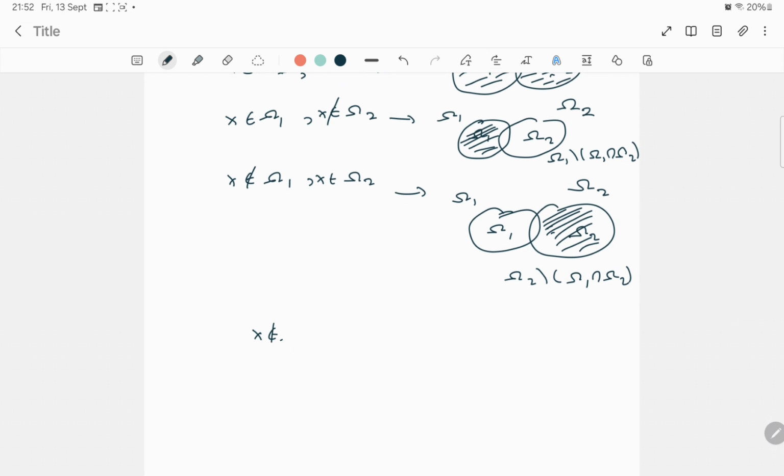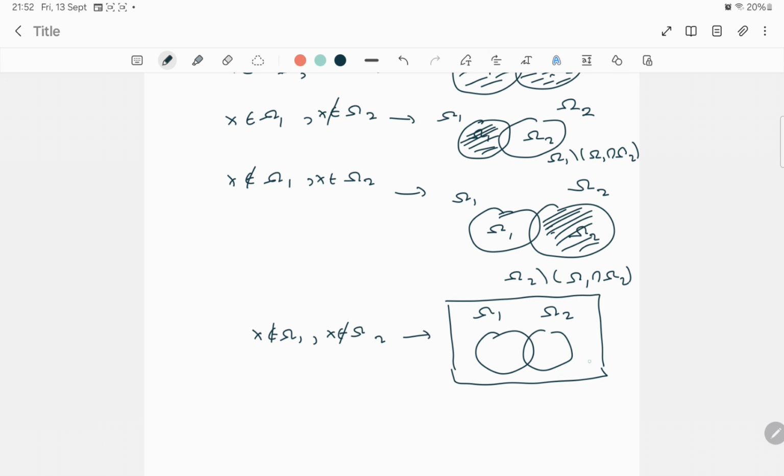Now x doesn't belong in omega 1 and x does not belong in omega 2. This is omega 1 and this is omega 2. And let's say that they are subsets of omega. So x doesn't belong to any of these sets, so we highlight this region here.